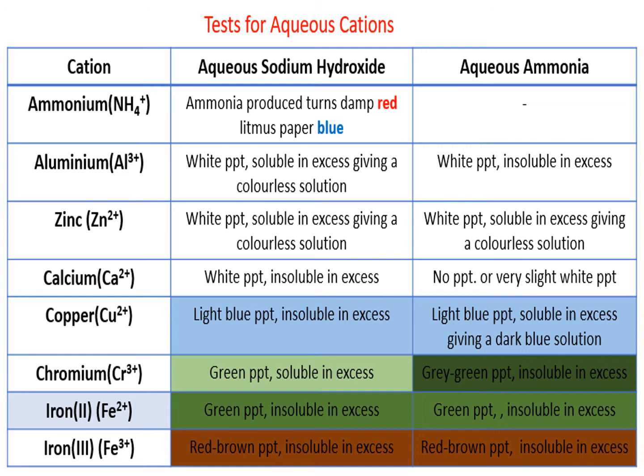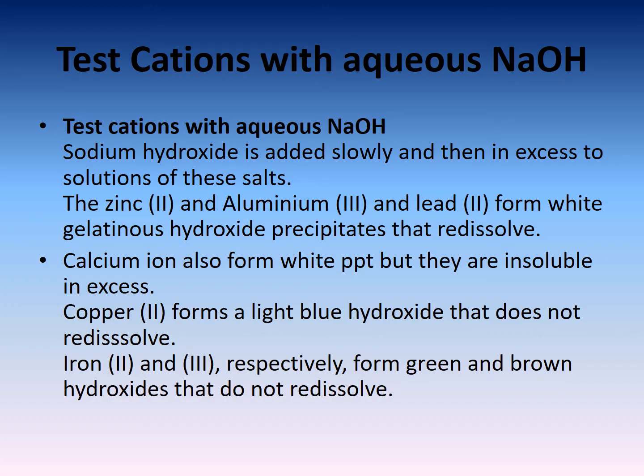Iron 3 ions give red-brown precipitates which are insoluble in excess, and red-brown precipitates which are insoluble in excess in case of aqueous ammonia. Now from the previous table, that is the test for aqueous cations, we have observed that there are different observations on addition of aqueous sodium hydroxide in a few drops and then in excess.